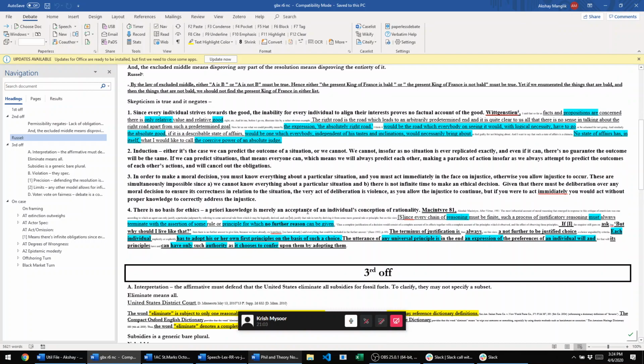The MacIntyre argument: each individual has to adopt his or her first principles. So the idea is that ethics ultimately relies on subjective first principles, not fundamental first principles.